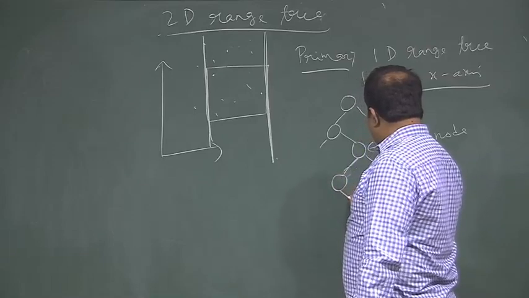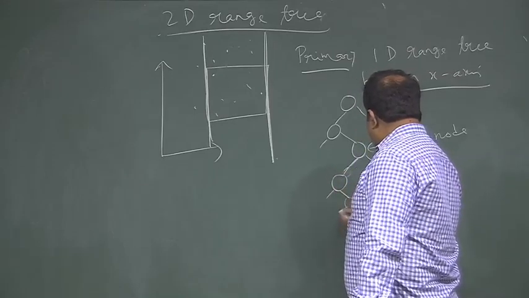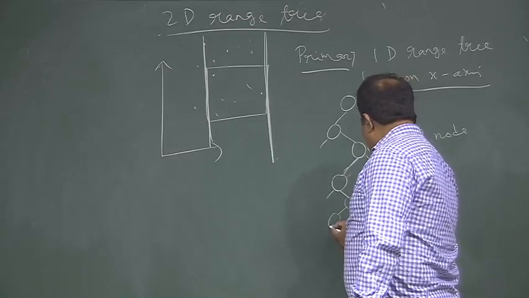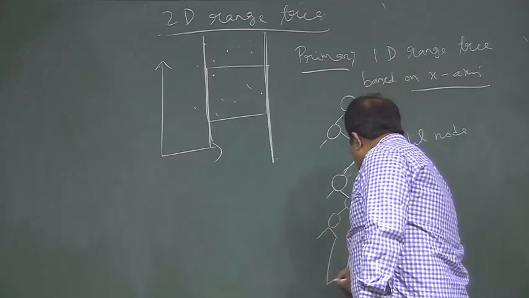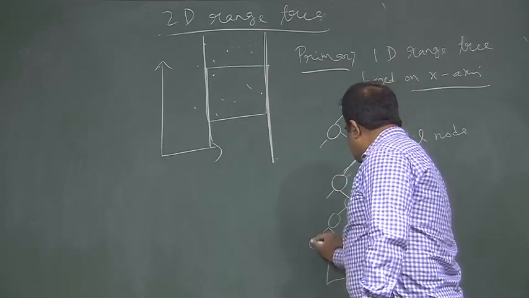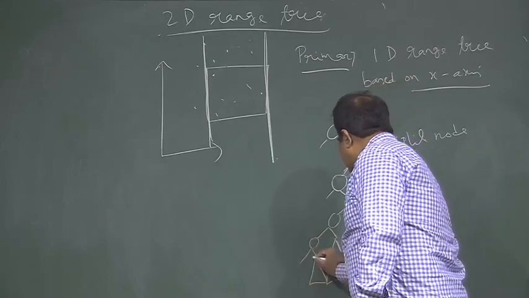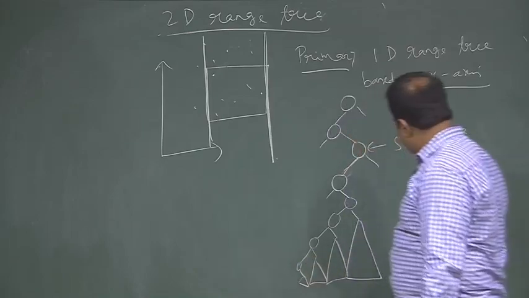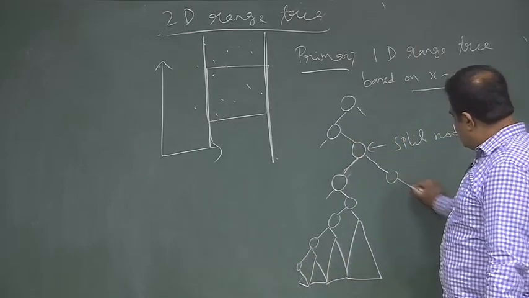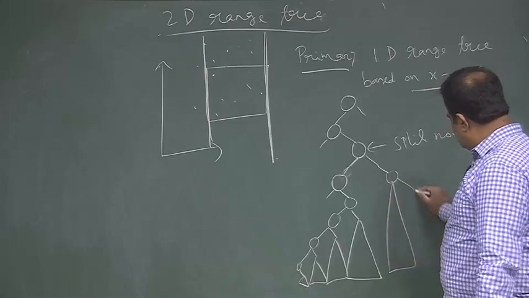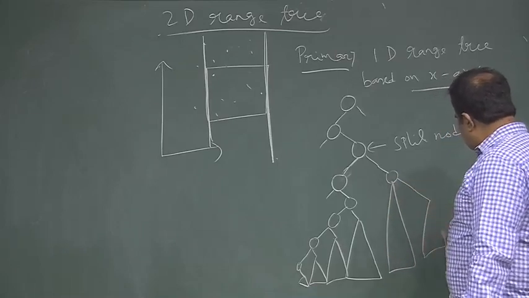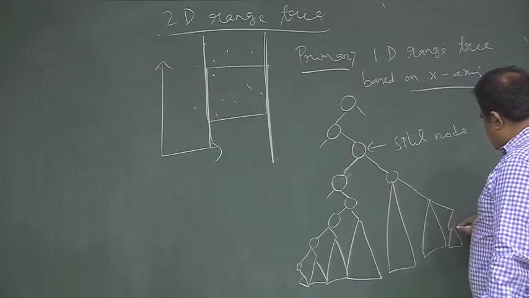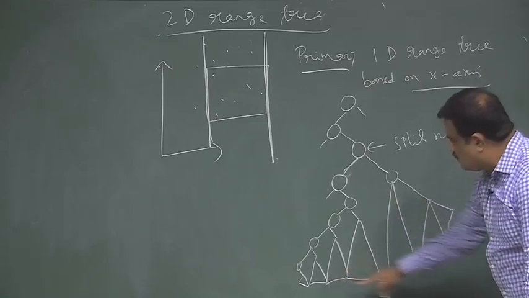If we go right, then if we go left, all of these are relevant. Then again from here like this, like this, like this. Similarly we will go here. So, basically these are our output.